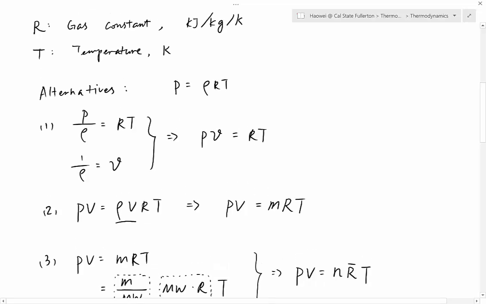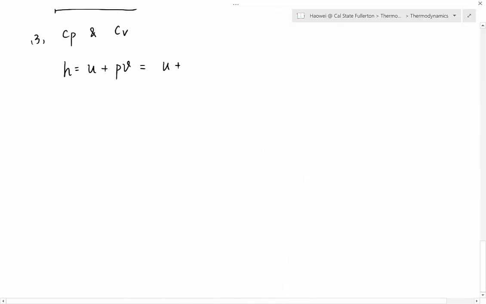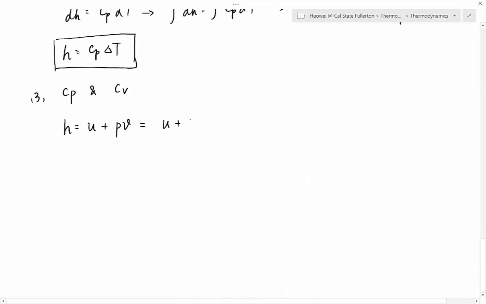If you take a look under alternatives, alternative number 1, P nu can be rewritten as RT. So we can rewrite this P nu on my right-hand side into RT. It comes from the ideal gas equation. Okay, and next what we do is take the derivative of both the left-hand side and right-hand side.